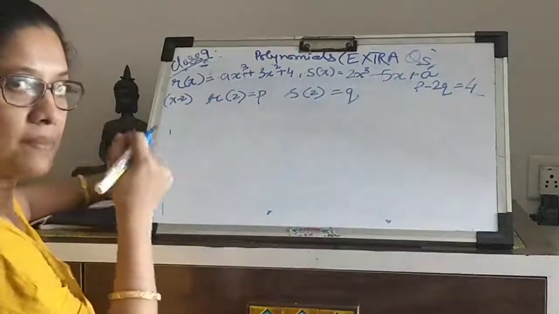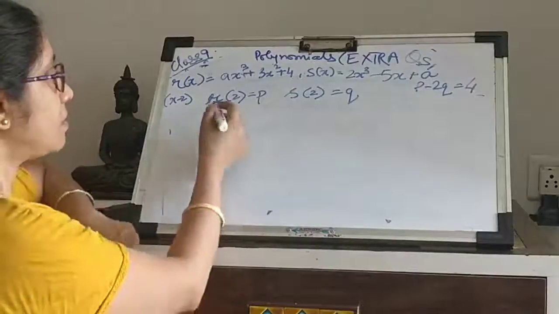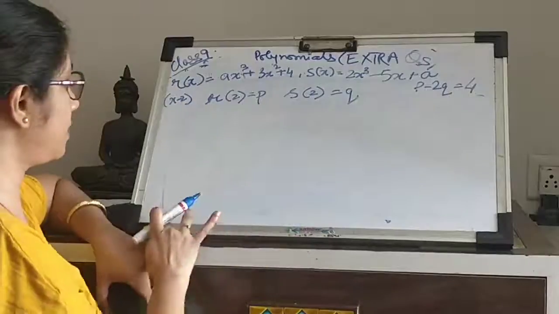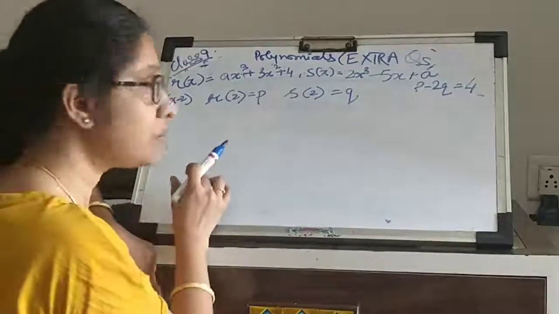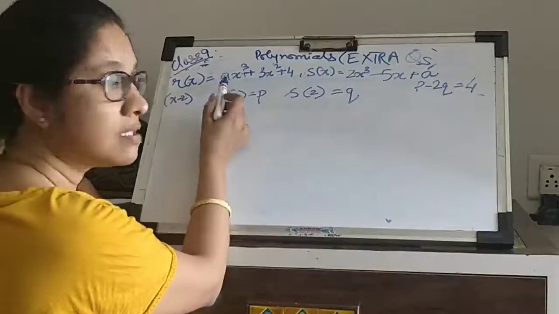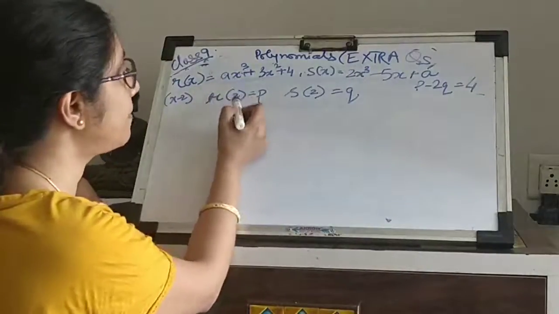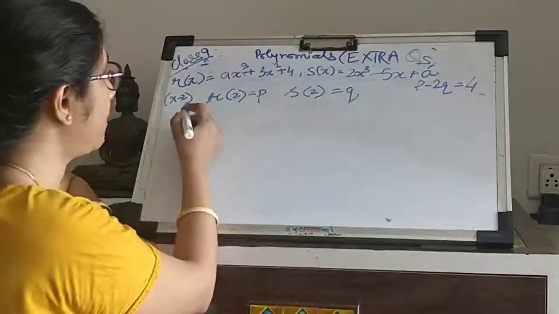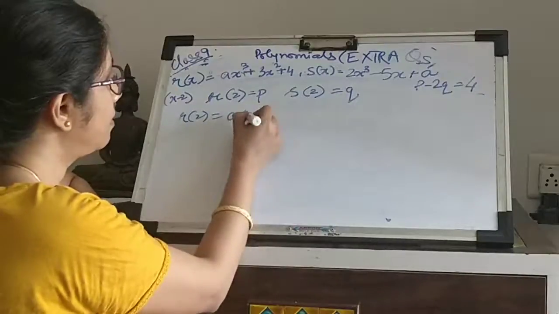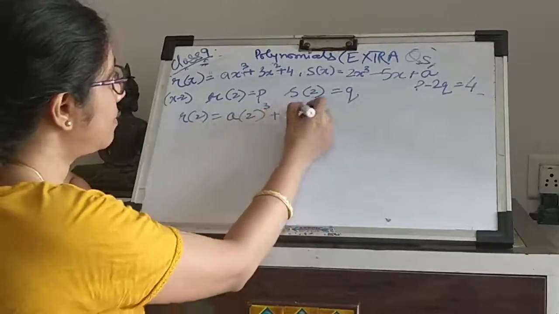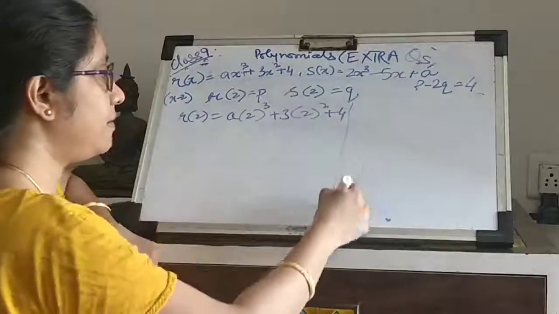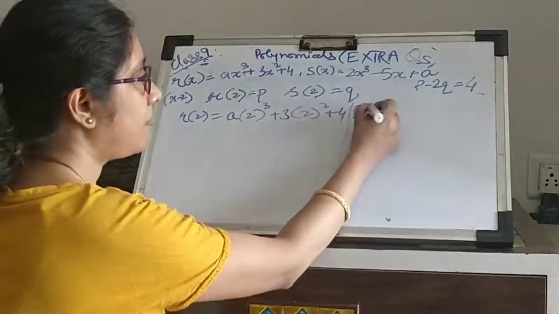Okay, this is what we have, R(2) and S(2), which has been given to us as p and q respectively. Correct? So all I need to do now is simply compute the value of R(2) and equate it to p. What is R(2)? R(2) is nothing but substitution of x by 2 in this polynomial R(x). So R(2) will be a times 2 cube plus 3 times 2 square plus 4, and we'll also do S(2) along with it in parallel.